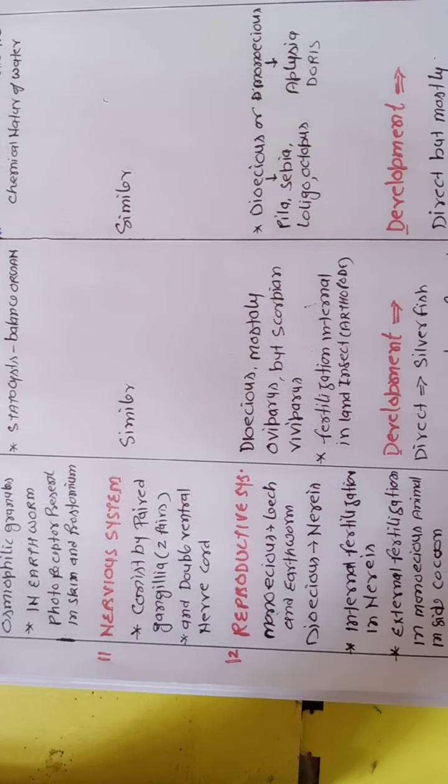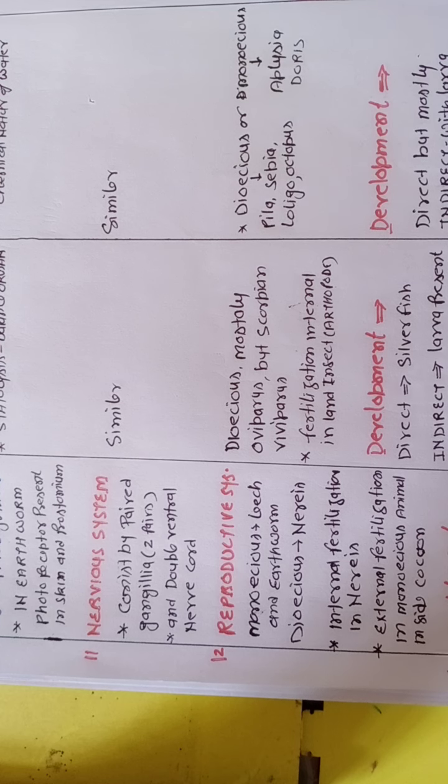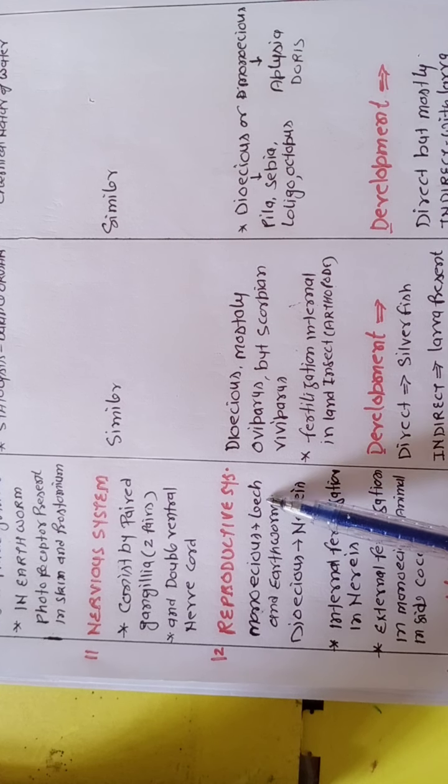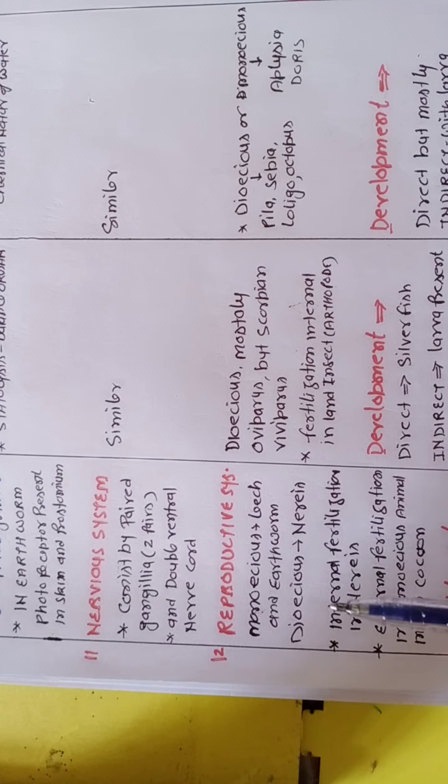What kind of animals are here? In Annelida, some animals are monoecious, like leech and earthworm, which are monoecious, meaning hermaphrodite. But Nereis is dioecious. Internal fertilization takes place in Nereis, because these are dioecious, male and female are separate.